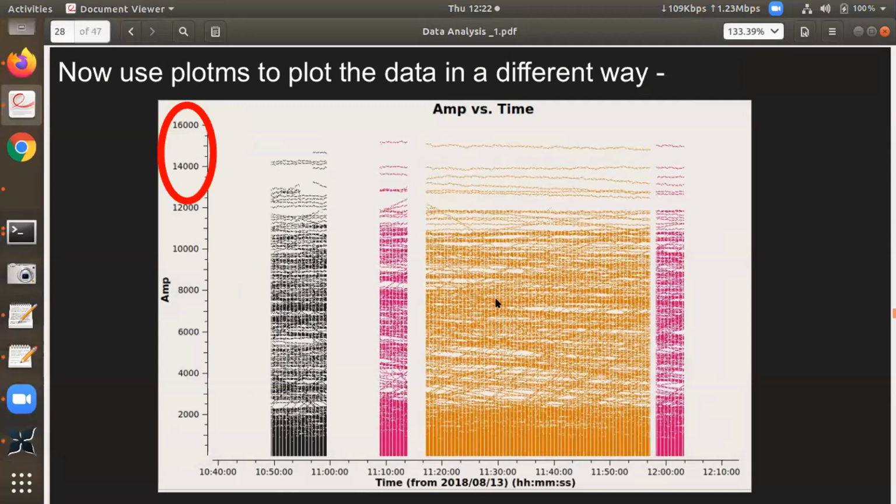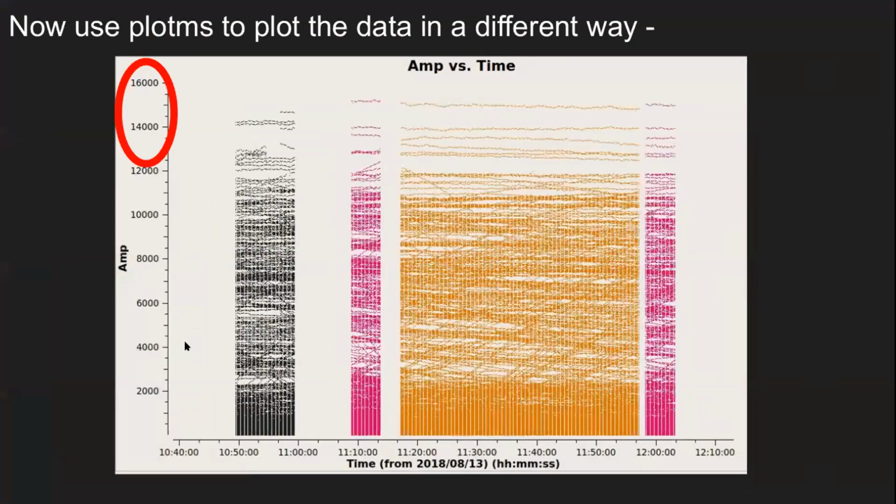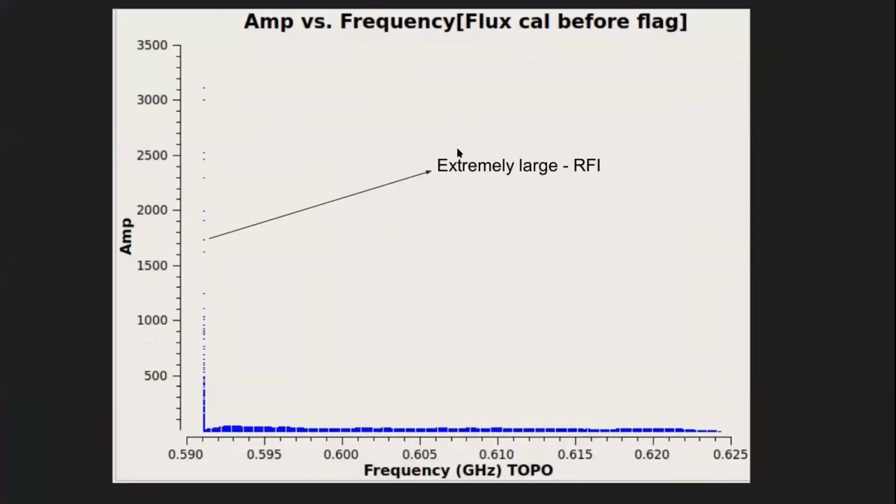Next I have plotted the flux calibrator before any flagging, showing the amplitude as a function of frequency. As you can see, there is extremely large RFI, telling you these channels need to be flagged. We will not show you how to flag everything here, but we have generated a flag file, and we will apply it in our terminal, and you will see how it looks after flagging.